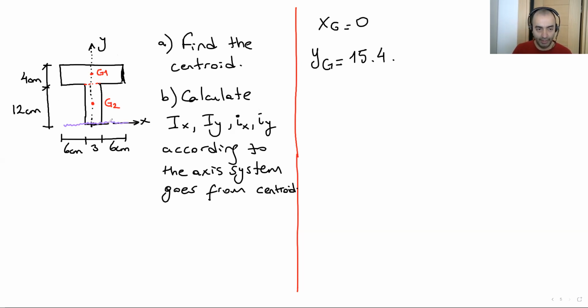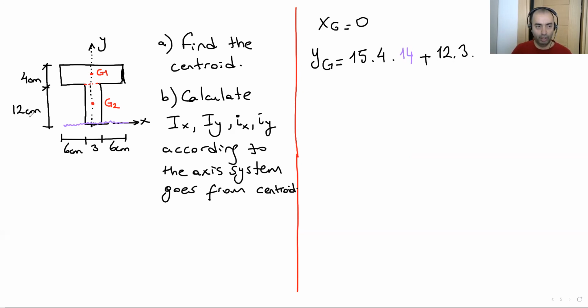So here we have 12 plus half of this total height, 14, plus area 12 times 3, times distance: half of the height of this rectangle.